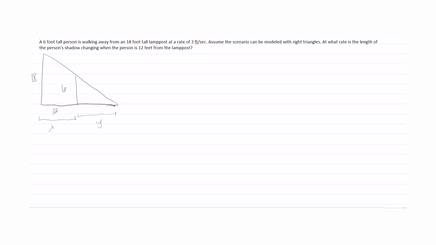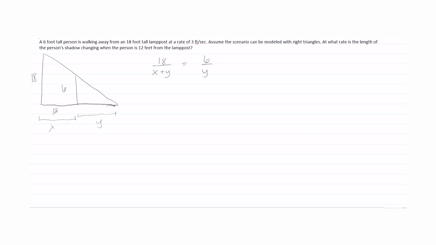Alright, so using similar triangles, we know that we have 18 over x plus y is equal to 6 over y. And this is the height of the lamppost over the combined distance of x and y.